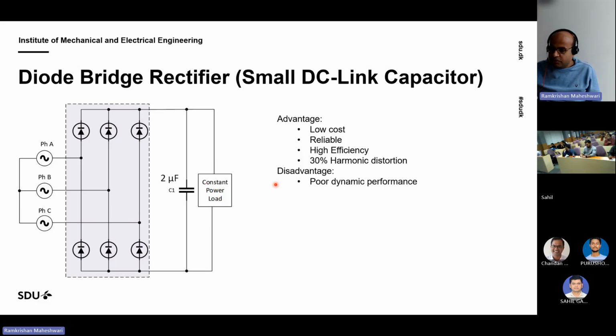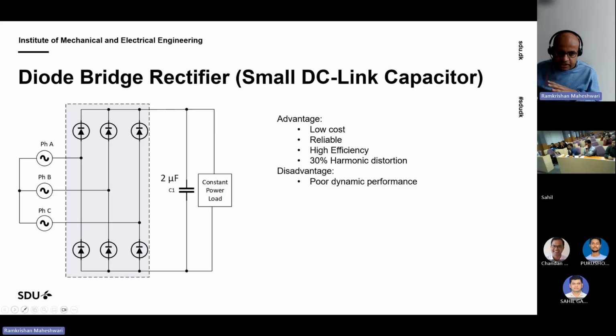However, there is a disadvantage: since we do not have any energy storage element here, the system may not perform very well during dynamics. Any change on the grid will directly affect the load side, and any change on the load side will be directly reflected on the AC side. So there is no energy buffer in between.